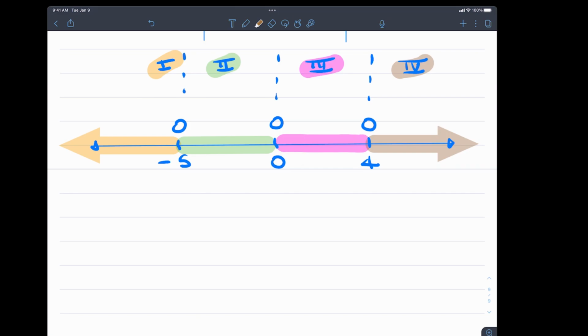So what do you guys do with this now? Do you guys remember? We need test points in each region. So I need a test point in region 1, region 2, region 3, region 4. Give me a number in region 1. Anything to the left of negative 5.